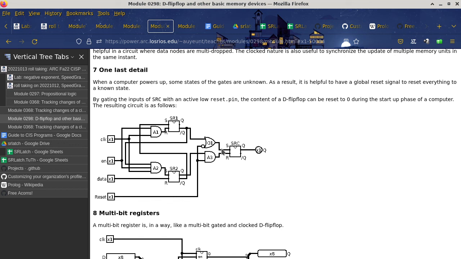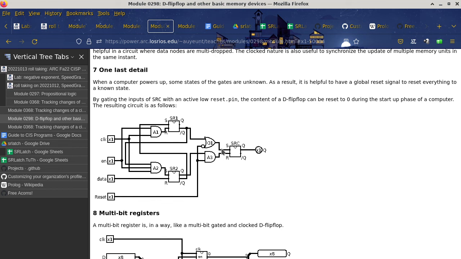And it just says, okay, this SR flip-flop, you better reset to 0. The output pin Q is going to be 0 whenever the reset pin is a 1. Is that okay?